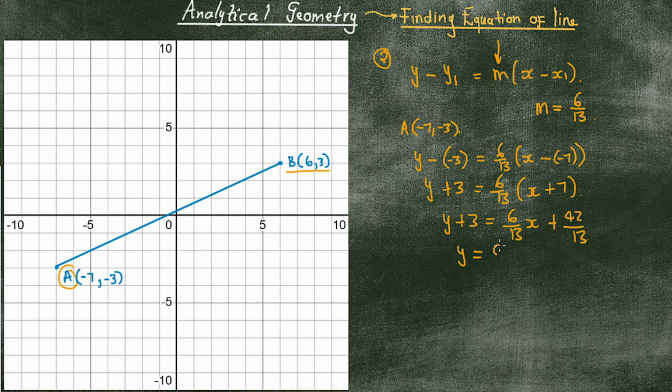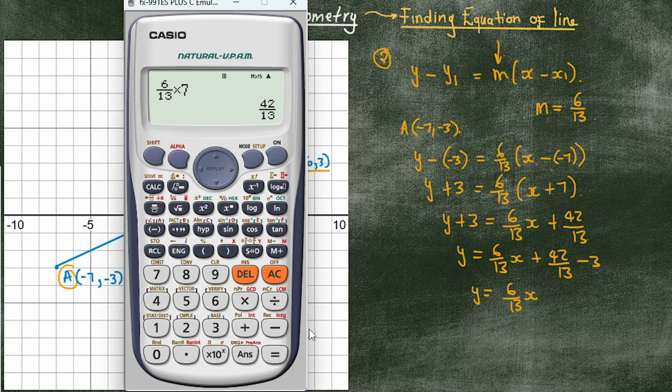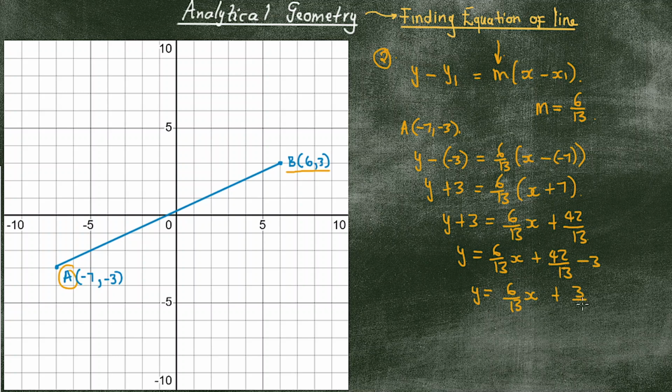Then y equals 6 over 13x plus 42 over 13 minus 3. The answer should be the same as the previous calculation. Minus 3 here, I'm getting 3 over 13. This is the final answer, and it is exactly the same as the previous calculation.